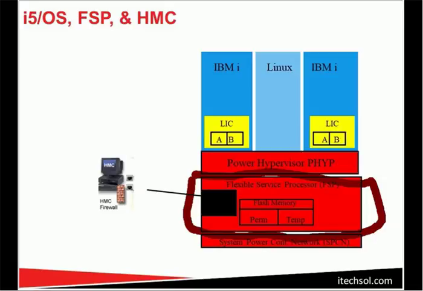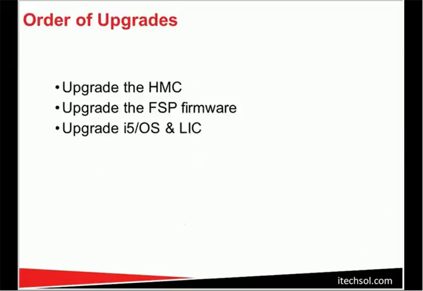So you need to check all these things. I'm going to show you a couple of charts in a second, but the order of the upgrade is you normally upgrade the HMC, then the flexible service processor, then the OS. Now, I've been to accounts where they've never updated the HMC and the FSP, and in some of those cases, you can't do it all at once.